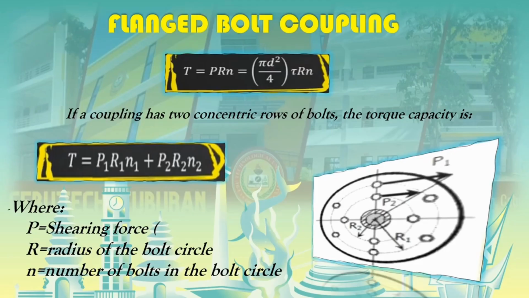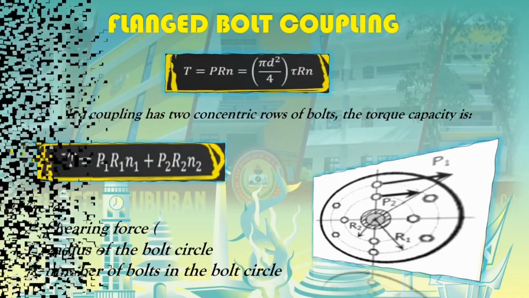A diagram illustrates this arrangement, where P equals shearing force, R equals radius of the bolt circle, and N equals number of bolts in the bolt circle.